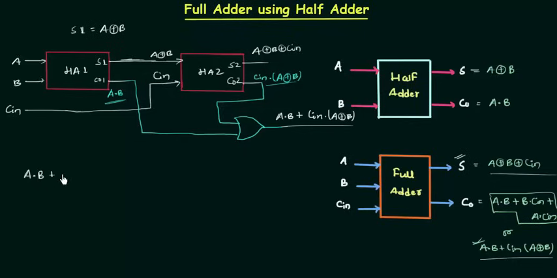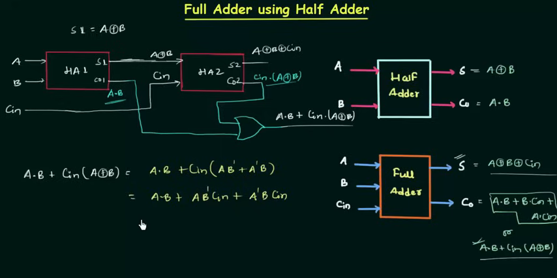A and B, or Cin (A XOR B) equals A and B, or Cin, and A XOR B can be written as A B complement or A complement B. By using the distributive law, we have A B complement Cin or A complement B Cin.